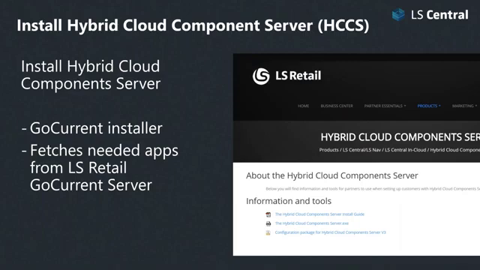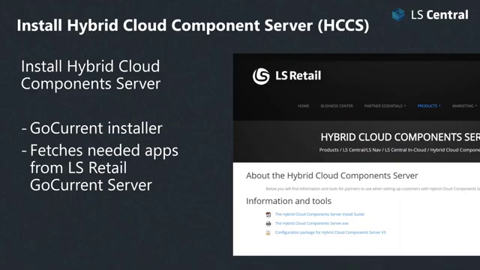We have some configuration packages, and then we have the Hybrid Cloud Component Server EXE. This is a Go Current installer. What we're trying to do here is create a simple, standardized way for partners to implement the offline POS environment for our LS Central SaaS offering. We want simplicity and standardization.